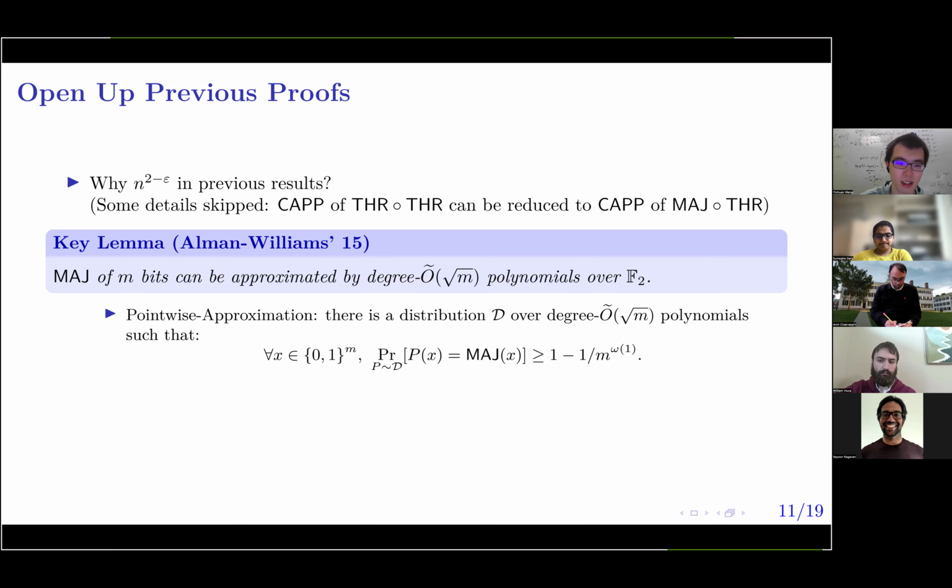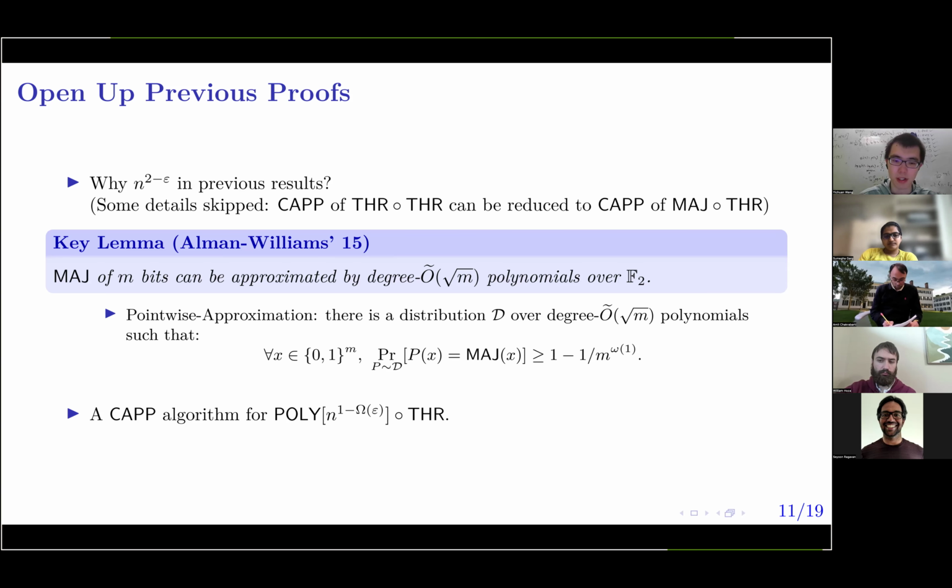Okay, and now we have this dilemma. For an n squared size majority of threshold circuit, if we apply this lemma to the top majority gate with n squared bits, in fact slightly less than n squared bits, then we can replace it by a sublinear degree polynomial.